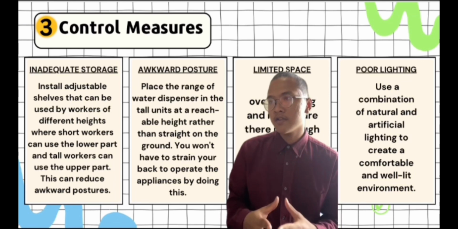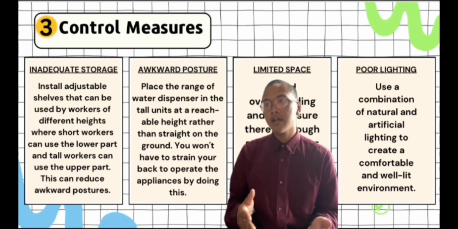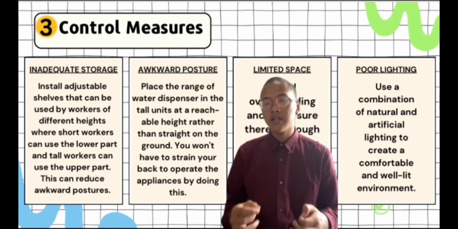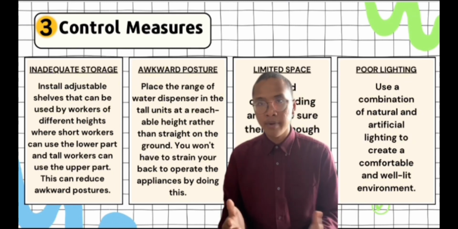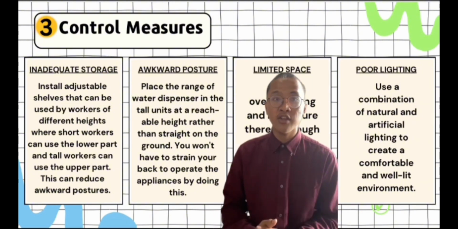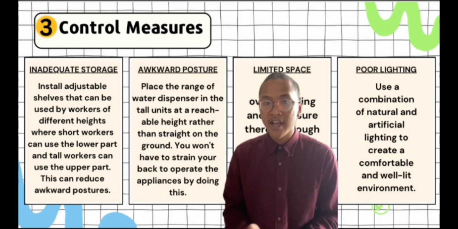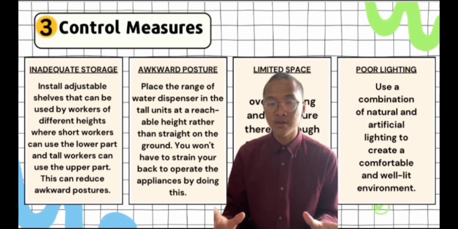To combat this, use a combination of natural and artificial lighting to create a comfortable and well-lit environment. Now, clearly in the pantry of NMUC, I don't think we can use natural lighting, because it's inside a building, in the middle of the building, and there are no windows.